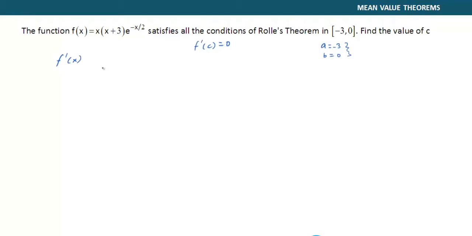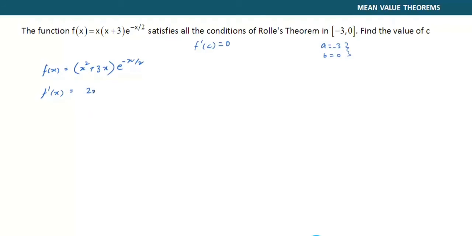For that, what you do is find f'(x). For f'(x), you will follow the product rule, and first of all, let me simplify f(x). Let me say my f(x) is nothing but (x square plus 3x) e raised to power minus x by 2. Now if I have to differentiate, there are only two terms to which you apply the product rule.